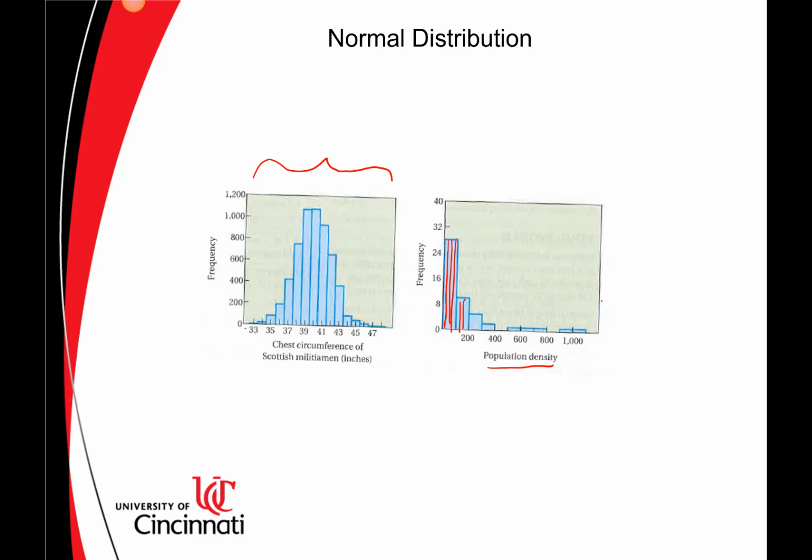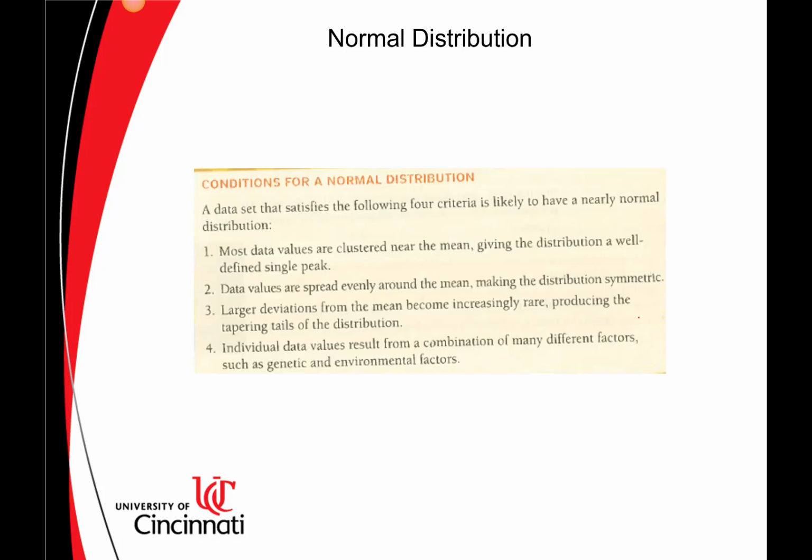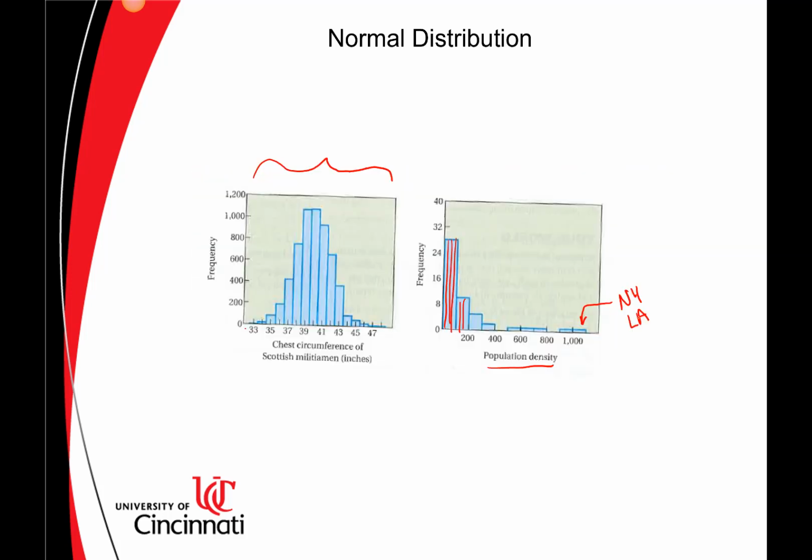There are a couple, not many places, that have a whole bunch of people per square mile. What would be an example of something like that? Maybe something like New York, Los Angeles, Chicago. There are very few cities like that around, aren't there? Okay. High density, not many. Lower density, whole bunch of them.